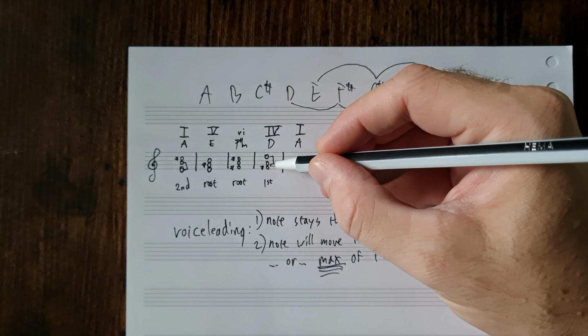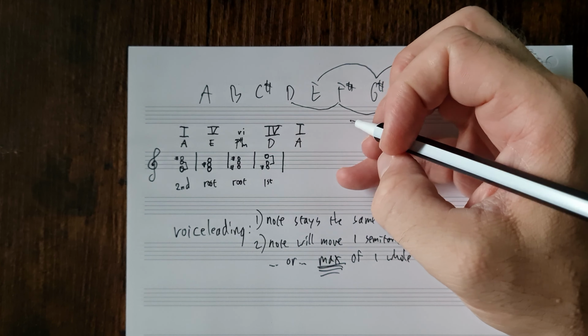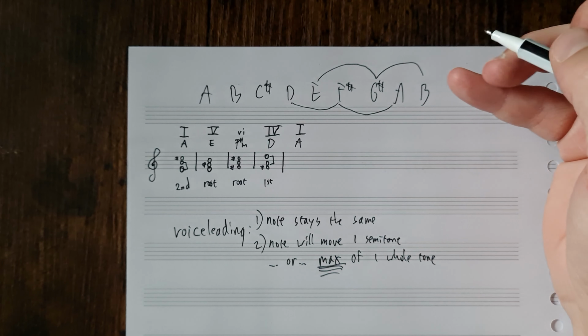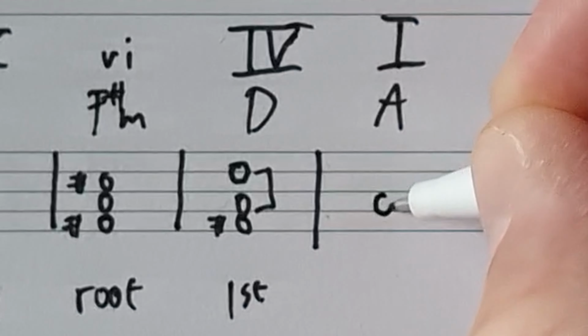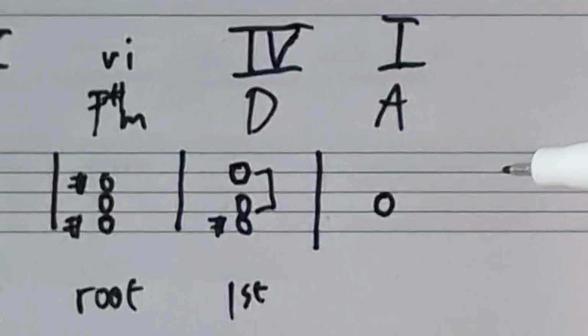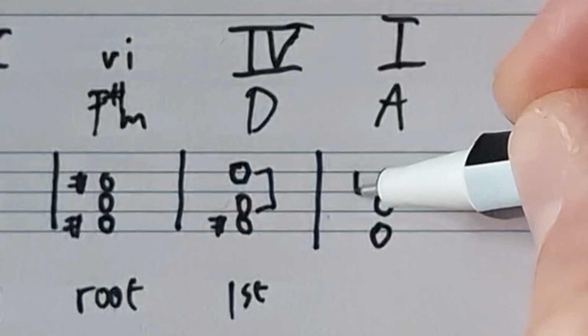Okay, now we just need to voice lead this back to an A chord and we are done. How are we going to do it? Well, let's look at the note they're sharing first. D and A both have the note A. D, F sharp, A, and A, C sharp, E. So A will stay in place. We've got one note above A and one note below A. Well, the one below has to be E and the one above has to be C sharp.